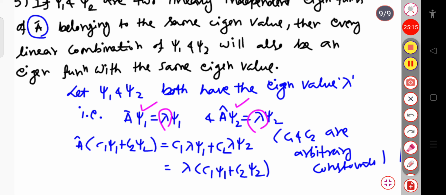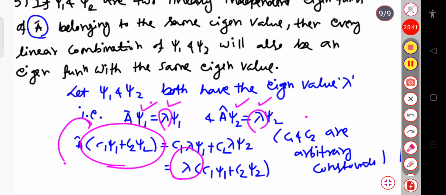That is, when A cap operates on psi 1 it gives the eigenvalue lambda, and when it operates on psi 2 it gives the eigenvalue lambda. For any linear combination C1 psi 1 plus C2 psi 2, when A cap operates on it, you will get the same eigenvalue, lambda. In this way you can prove this.